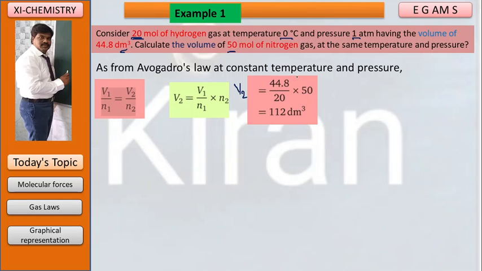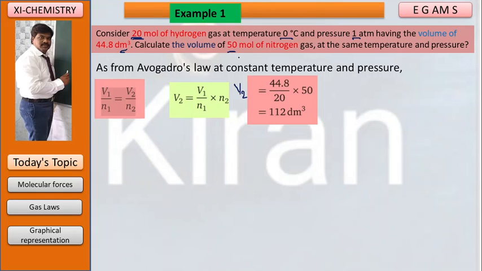Once again I am reading the question. Consider 20 moles of hydrogen gas at a temperature 0 degree centigrade and 1 atmosphere having the volume of 44.8 dm cube. Calculate the volume of 50 moles of nitrogen. So 20 moles is 44.8.